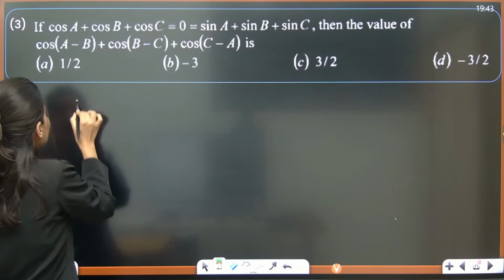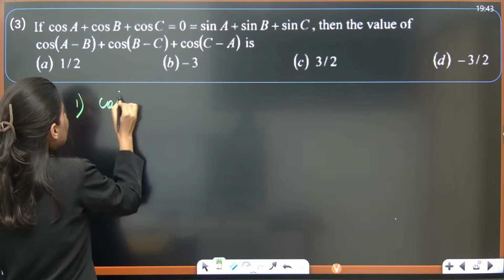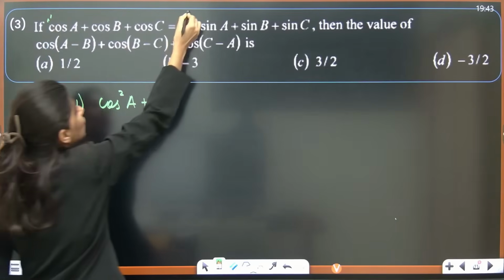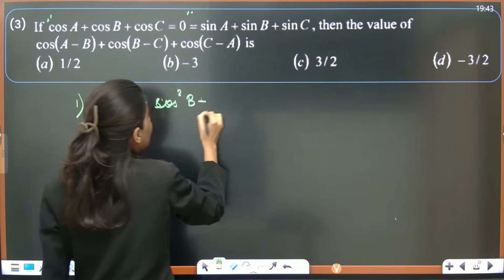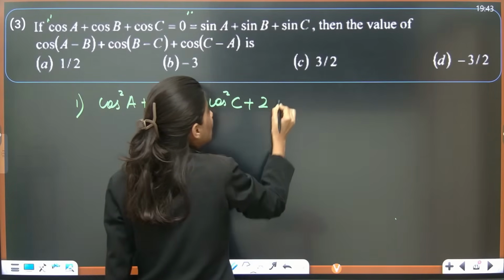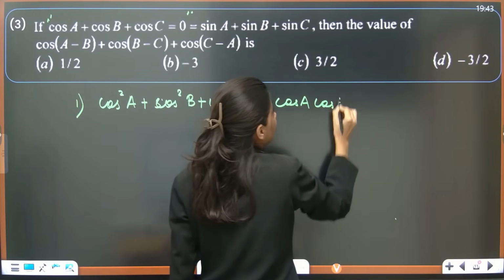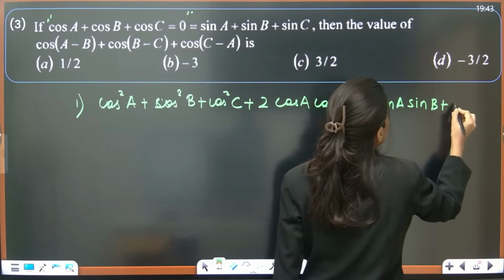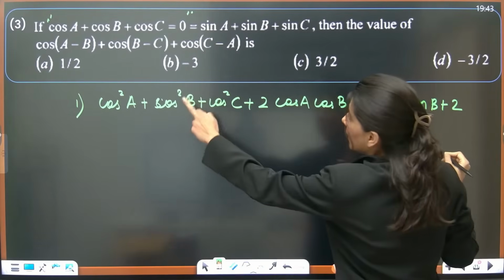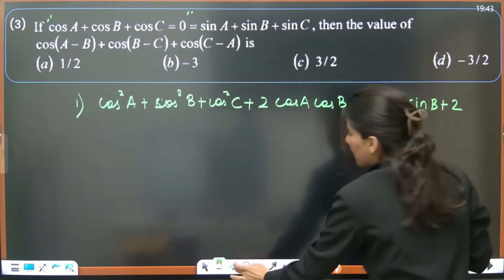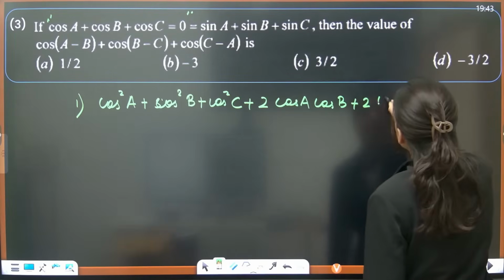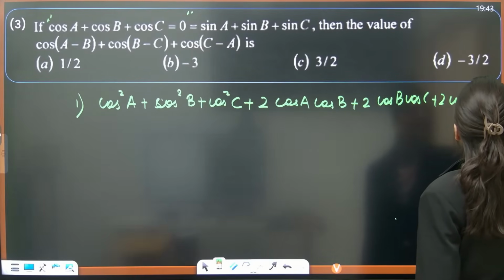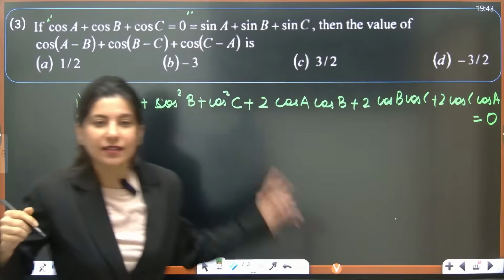The very first thing I am going to do is square the first equation: cos square A plus cos square B plus cos square C plus 2 cos A cos B plus 2 cos B cos C plus 2 cos C cos A is 0. This is the first equation.